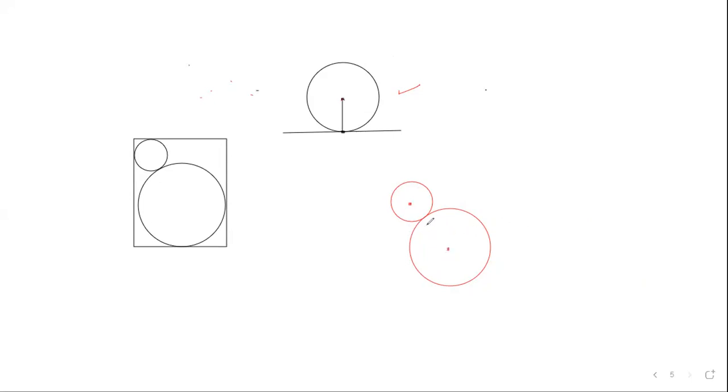Center of another circle, and the point where they touch, right? Those 3 points are associated with 2 circles which touch each other. Now, one can prove that these 3 points all lie on the same straight line.